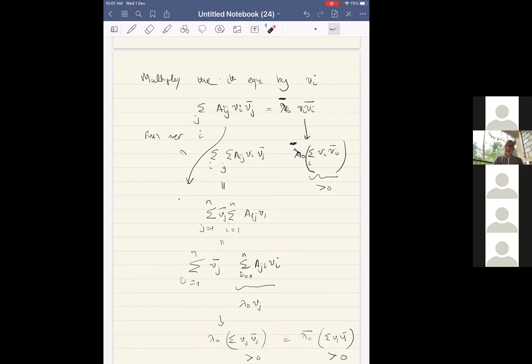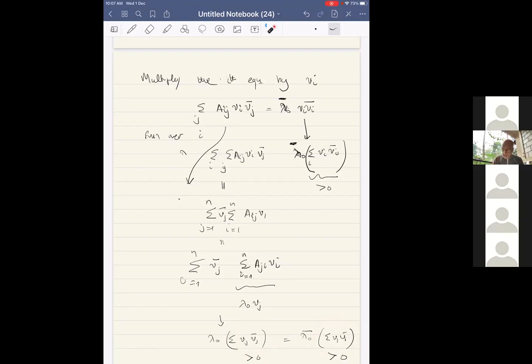So I get lambda 0 is lambda 0 bar, because on both sides this is a non-zero, in fact positive real number. Remember, I'm taking an eigenvector corresponding to the possibly complex lambda 0. But an eigenvector by definition is a non-zero vector.